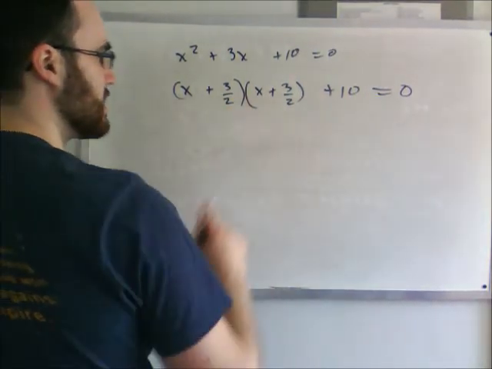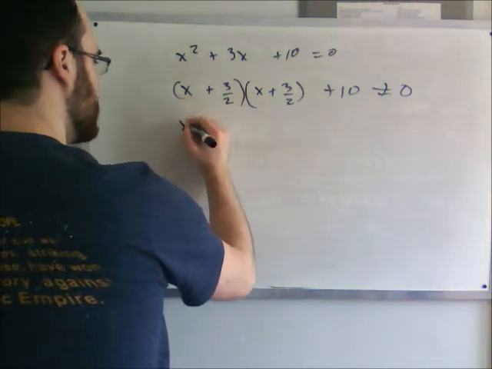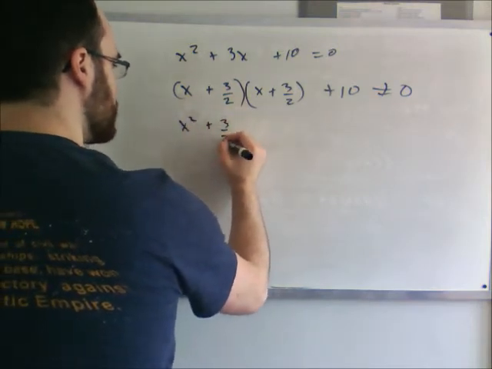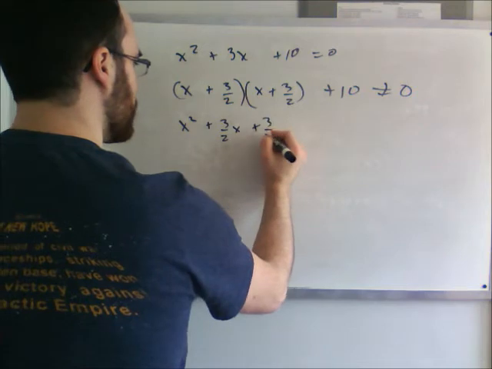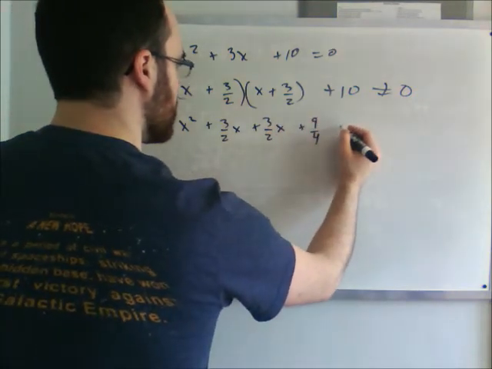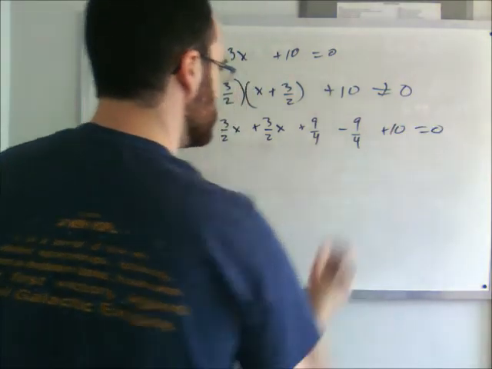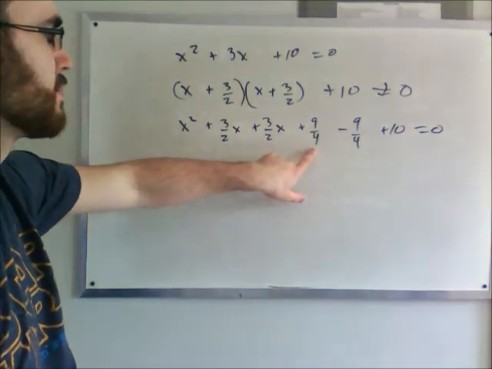Now we added something here, so this actually isn't true. It's not equal to 0. We're going to have to multiply this out. So it's x squared plus 3 over 2x plus 3 over 2x plus 9 over 4 minus 9 over 4 plus 10 equals 0. This is true because I have to subtract the number that I added.